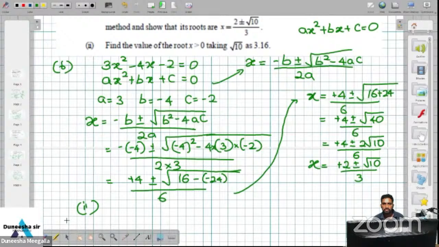After finishing getting these roots, find the value of x.